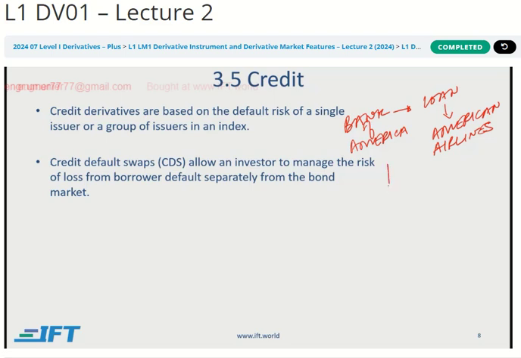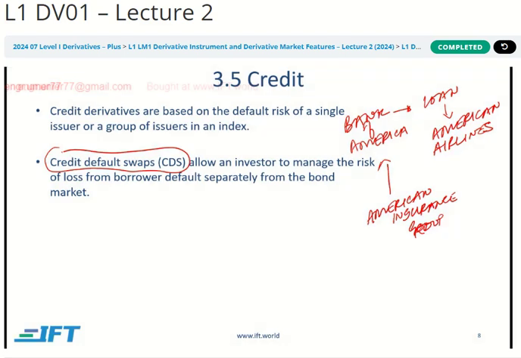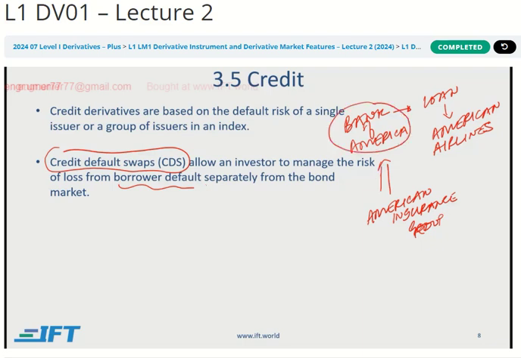So what they do is they get insurance from American Insurance Group that in case American Airlines goes bankrupt, American Insurance Group is going to pay Bank of America. So this is what we call a credit default swap, in the sense that if the borrower defaults, then the person who will have a loss, or the company that is going to have a loss, will get paid by another financial participant.